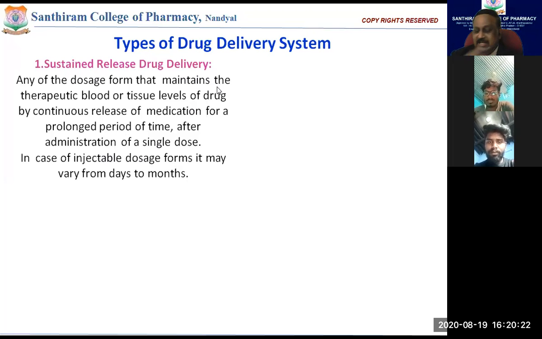As the name indicates, drug delivery means delivering or release of the active medicament from the dosage form or from the formulation.